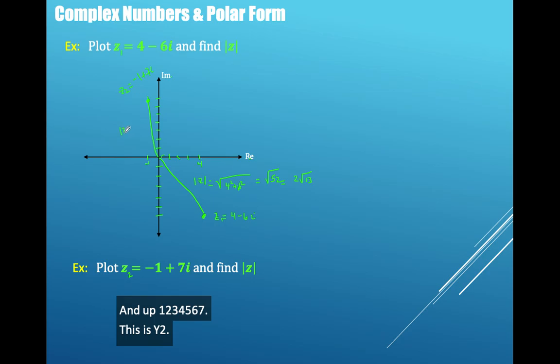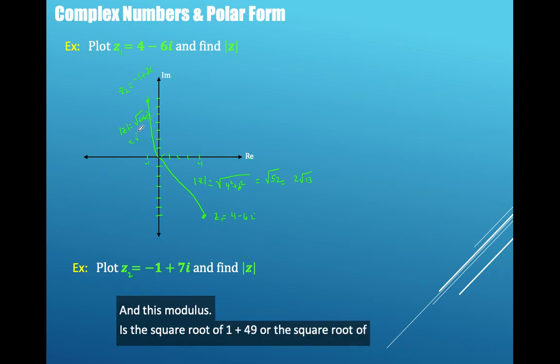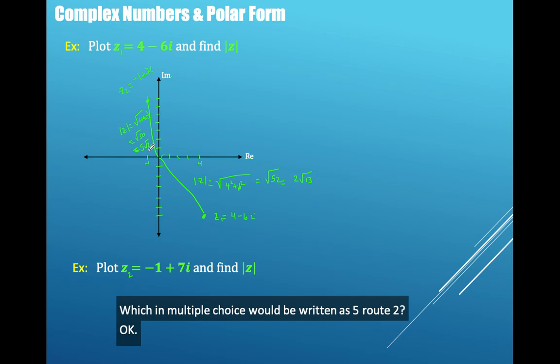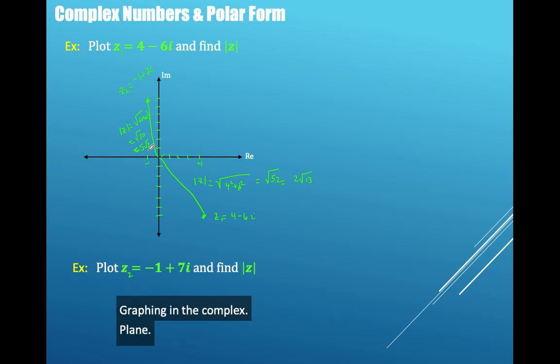And this modulus is the square root of 1 plus 49, or the square root of 50, which in multiple choice would be written as 5 root 2. Okay? Graphing in the complex plane. Woot woot!